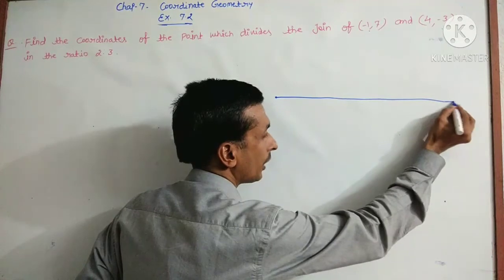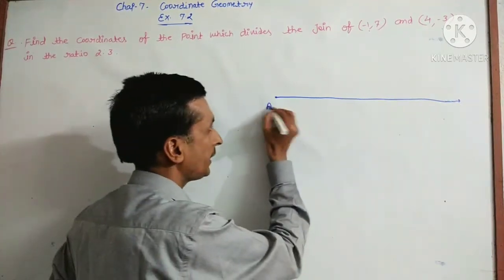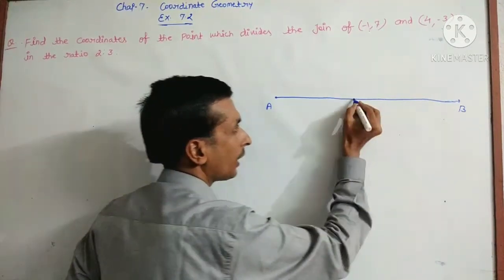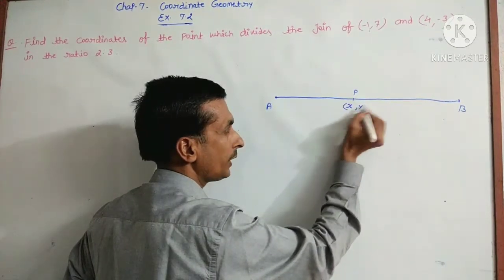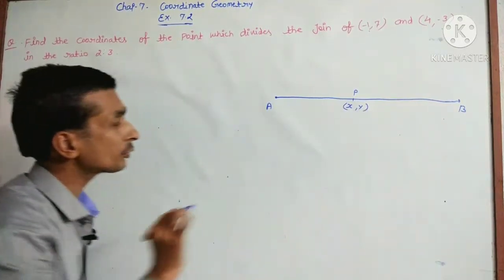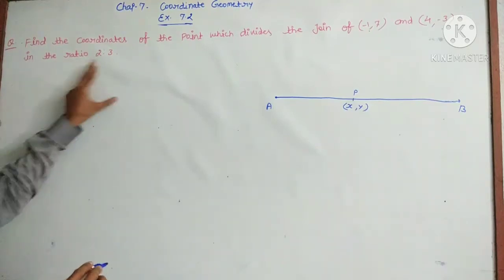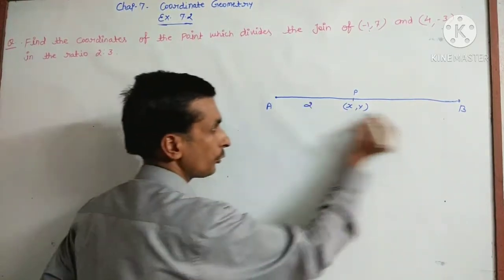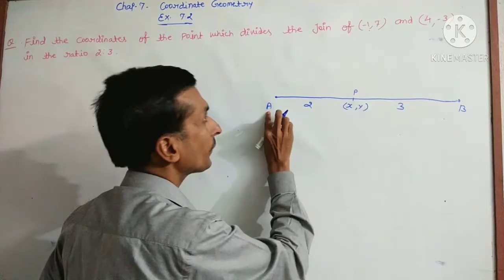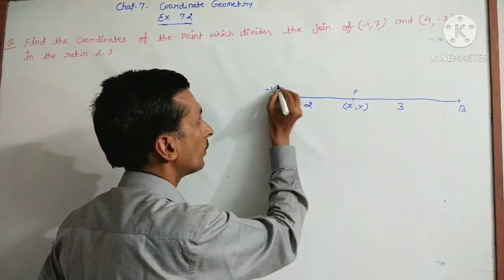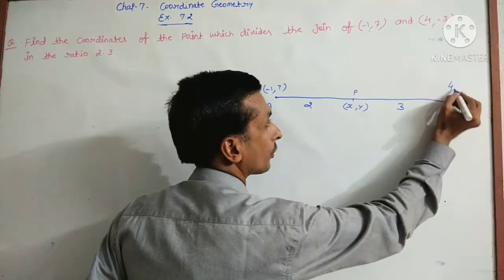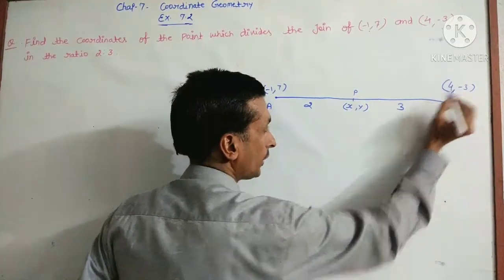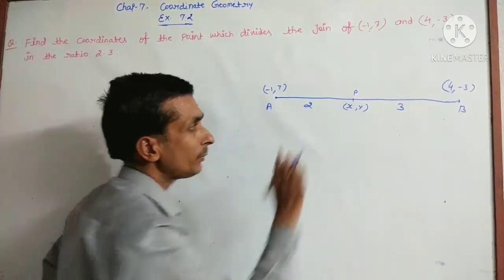You can see A, B, and that point is P. The coordinate of P is x, y, and in this question we have the ratio 2:3. Coordinate of A is (-1, 7), and coordinate of B is (4, -3). Okay, we have to find the value of x and y.